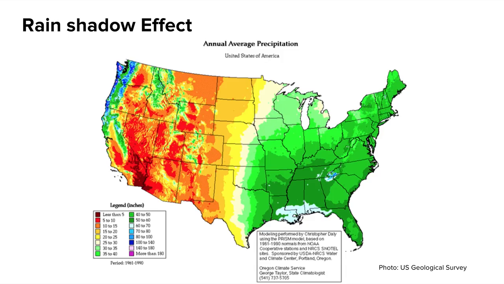Now, rain shadow effect. You can see there's the Rockies right here, and you can see a lot of rainfall on the Pacific front of the Rockies, and then the wind is coming this way, so you can see the rainfall coming, dumping it in front of the Rockies, and then the dry air going through the Rockies, making it very dry.